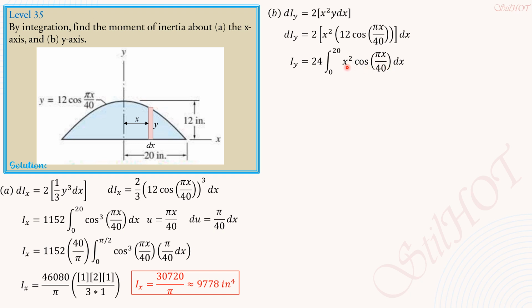So you let u be x squared, du is 2x dx, then dv is cosine pi x over 40 dx, then you expand uv minus integral of v du. It will again involve an algebraic x and a trigonometric function, so you perform integration by parts again until such time that you can evaluate it freely.